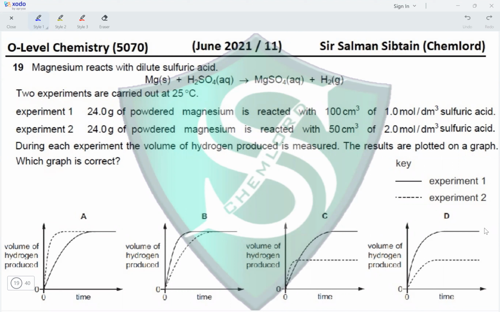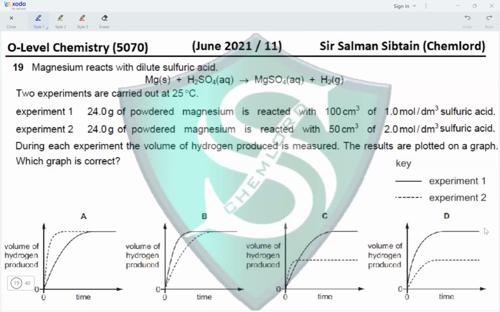Okay, so the number of moles of sulfuric acid used are the same, because that is 100 into 1, which is 100 divided by 1000, which is 0.1 moles. Whereas for experiment 2, it would be 50 into 2, which is 100 divided by 1000, which is again 0.1 moles. So we have 0.1 moles reacting in each case.